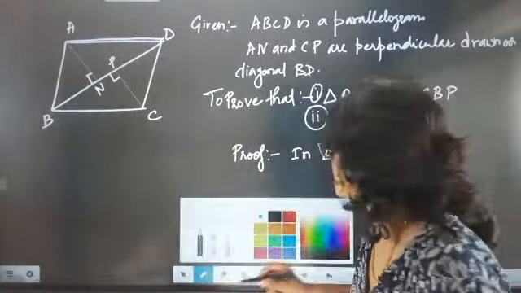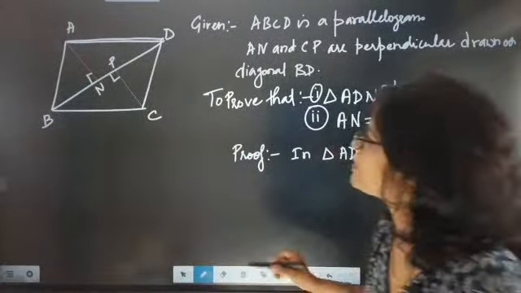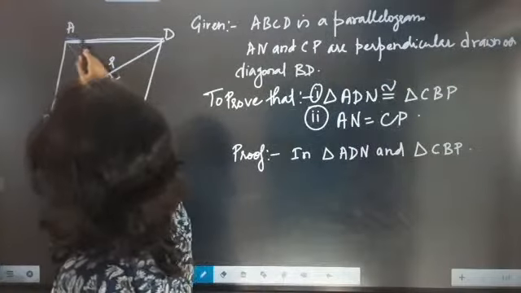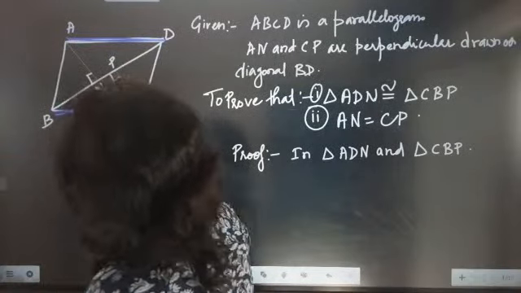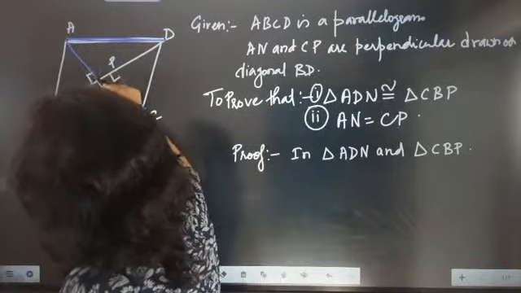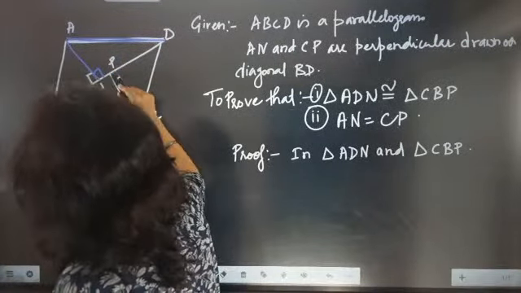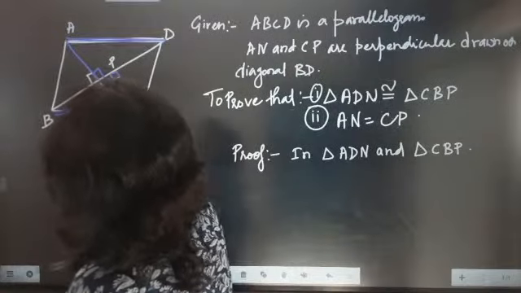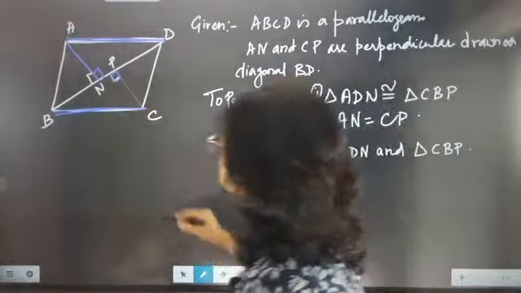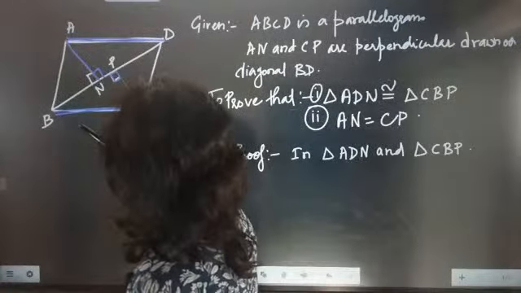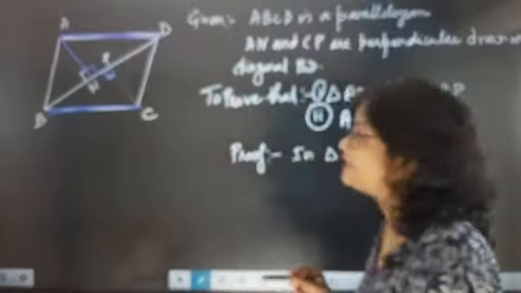So I'm just going to color it with a different color. This part is going to be helpful for us. This and this are going to be equal. Fine. This is going to be perpendicular, 90 degree. Now do we need any connectivity, any part that is common?